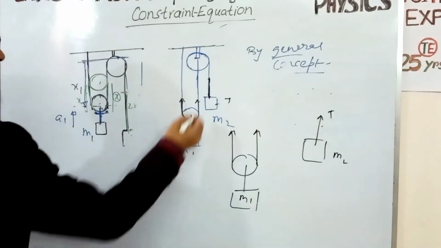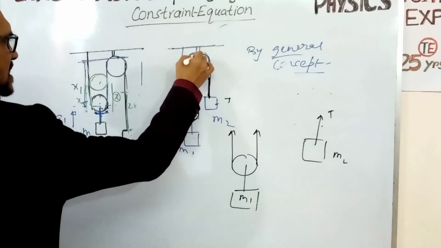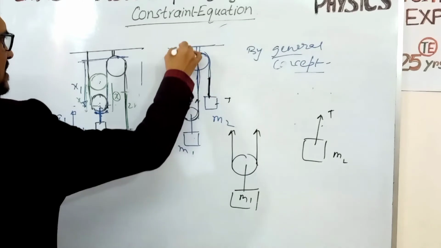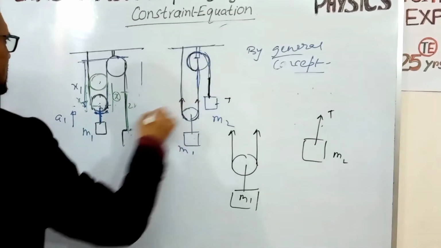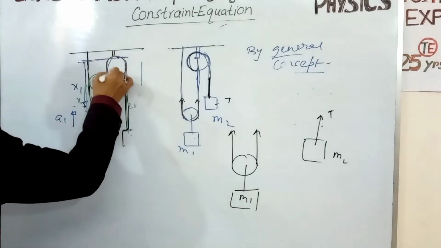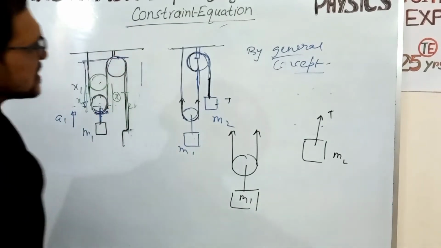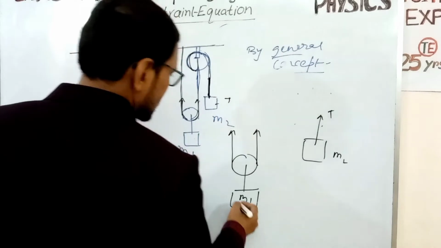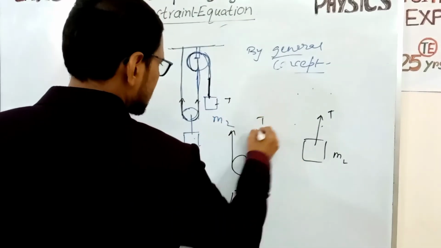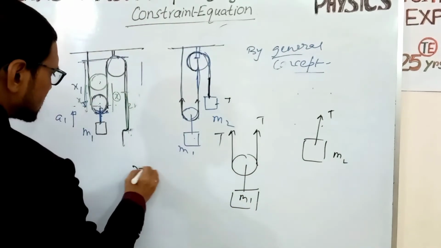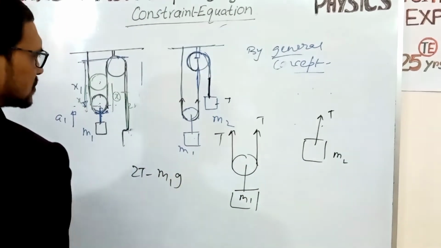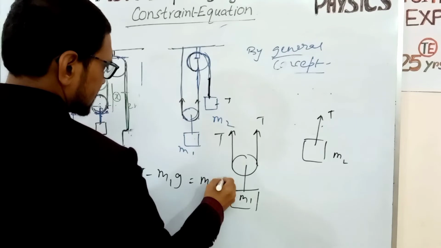Now as the string is the same, the tension is always the same. So this is T. Now what is the equation of this? 2T minus M1G equals M1 A1.